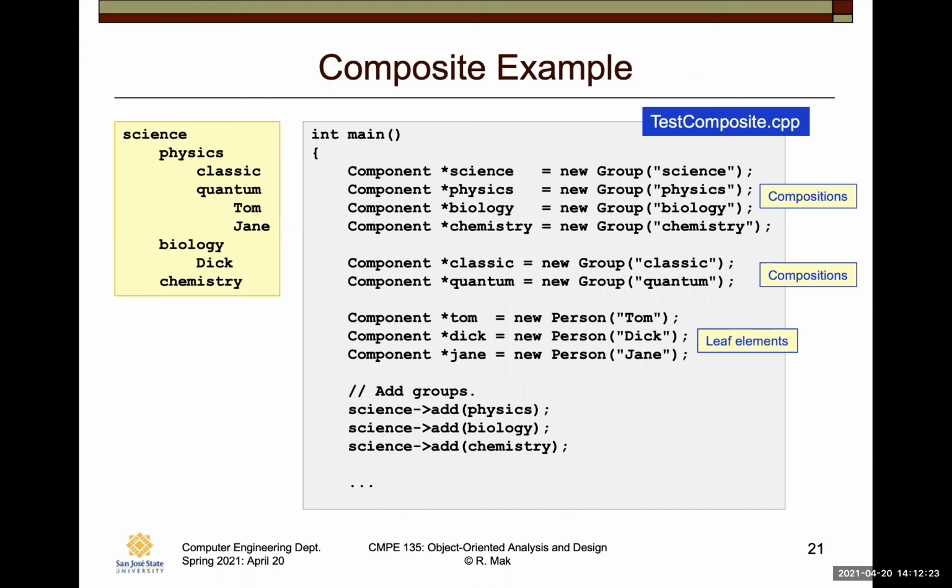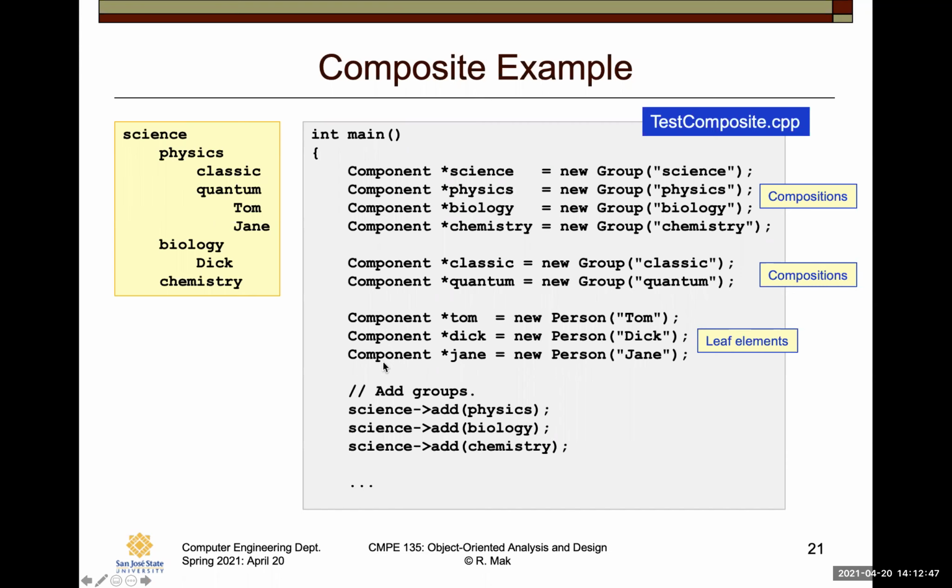Just as we had earlier treated a beverage the same way as we treated a wrapped beverage, because the wrapper and the beverage both were subclasses of the same superclass. Here our superclass is component.